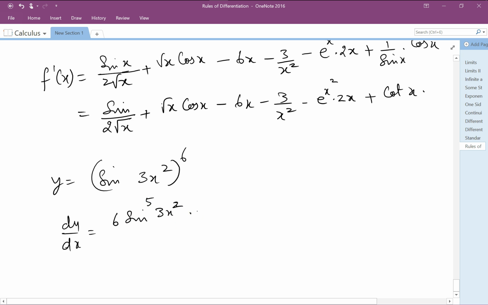Now take the derivative of sin. So derivative of sin is cos. Then take the derivative of 3x square, which is 6x. So our expression becomes 36x sin to the power 5 of 3x square cos 3x square.